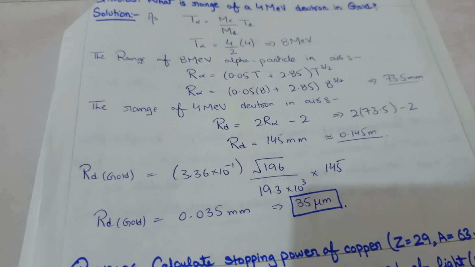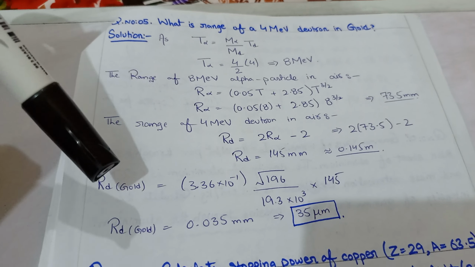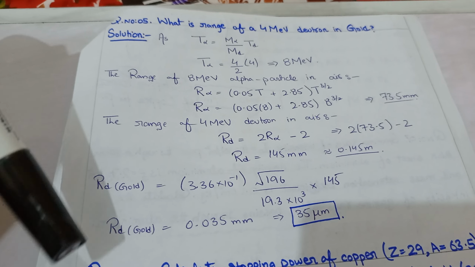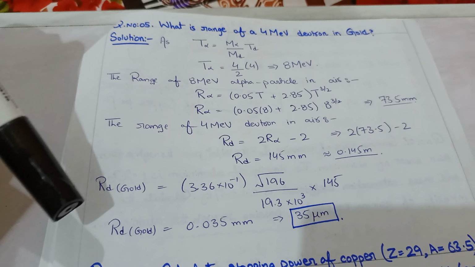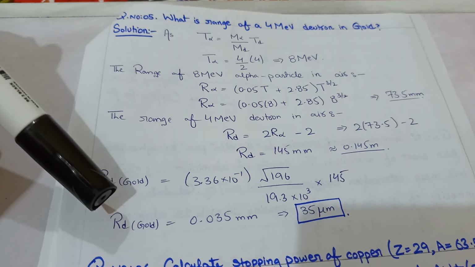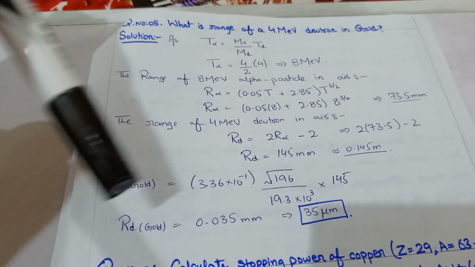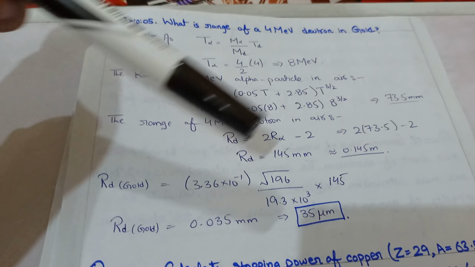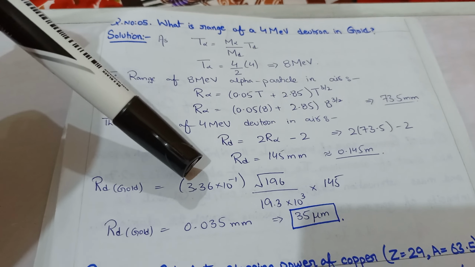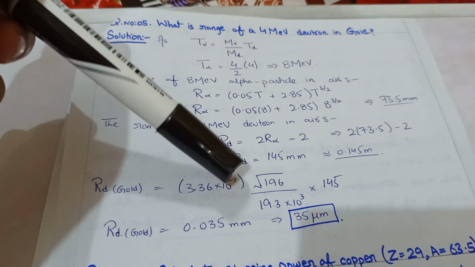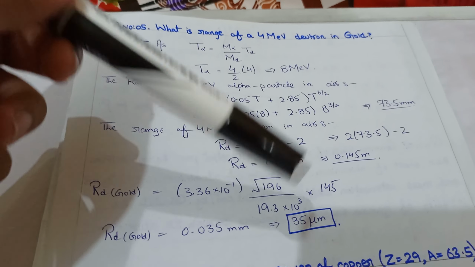Now for the case of gold, we know the formula, basically R of deuteron divided by R of alpha, because I multiply R alpha by R to the other side, which is this 3.36 multiplied by minus 1 equals to this. This is the formula as I already showed you here.